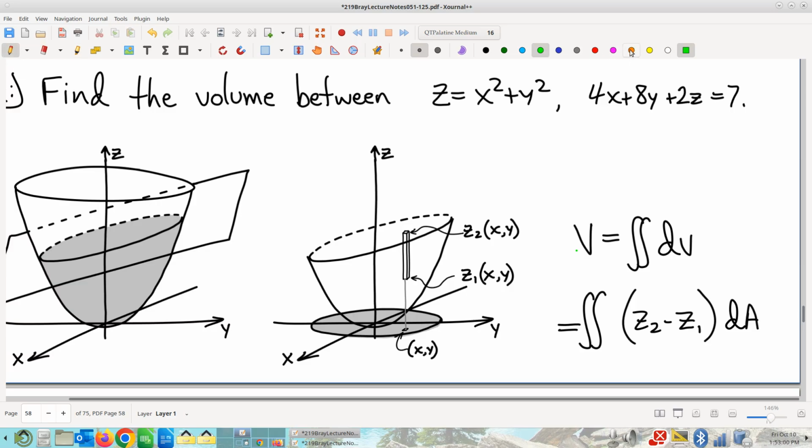I'm going to start with an observation that wherever you are in the domain, the height up to the paraboloid, here's my paraboloid, the height up to the paraboloid is that value of z right there. And from that same point, the height up to the plane is that z right there. Now that's in the domain.